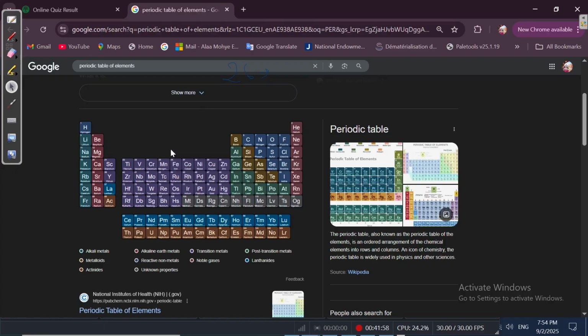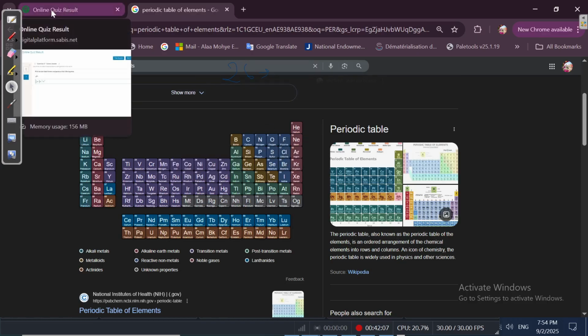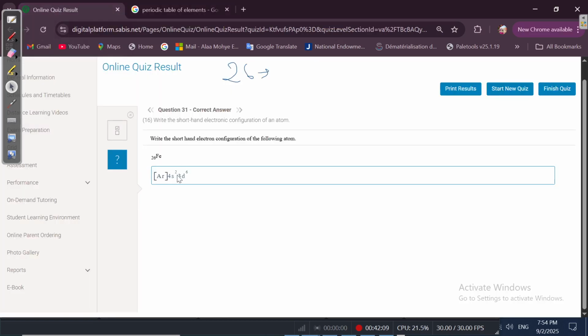I go up to the period before it and I check what's the nearest noble gas. 18. Nice. Okay. How do we write this? Where does it come from? Let me write the Fe normally. So the Fe is 1s2, 2s2, 2p6.